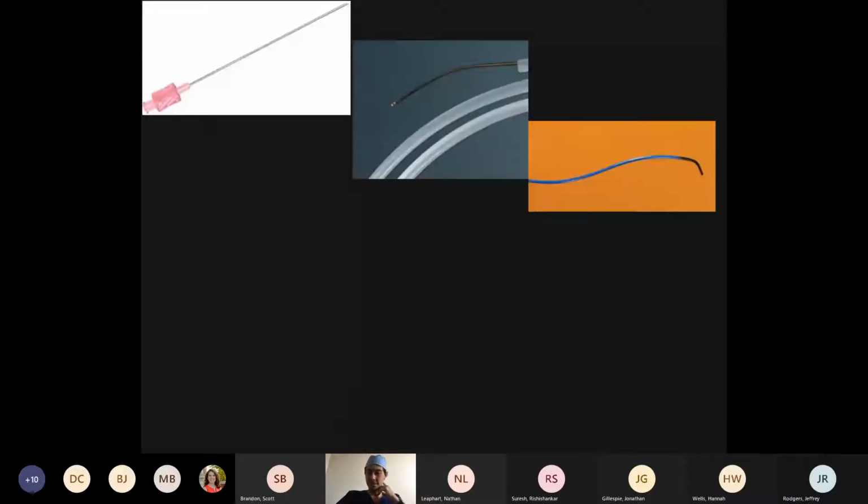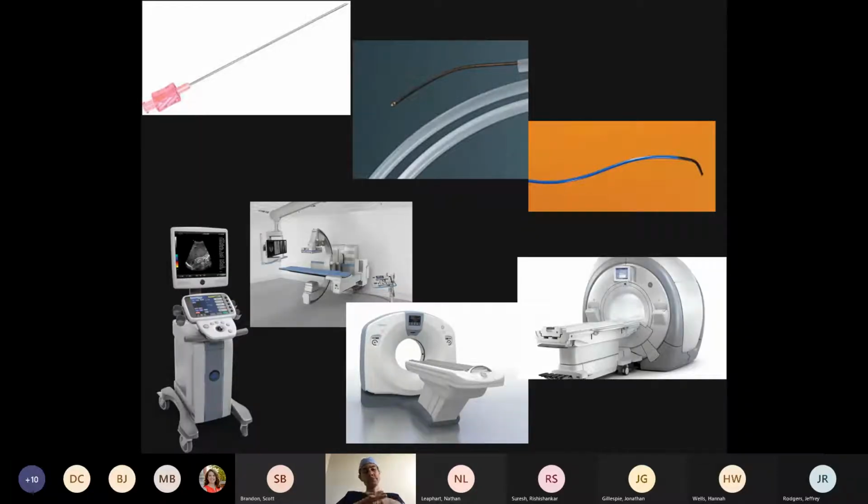You can go to the next slide. So in order to be minimally invasive, we need to combine some tools, and those are the top ones we see up there on the screen. We have a needle, a wire, and a catheter. And when you combine those tools with any type of imaging equipment, be it ultrasound, fluoroscopy, CT, and also MRI, that's what brings our specialty alive.